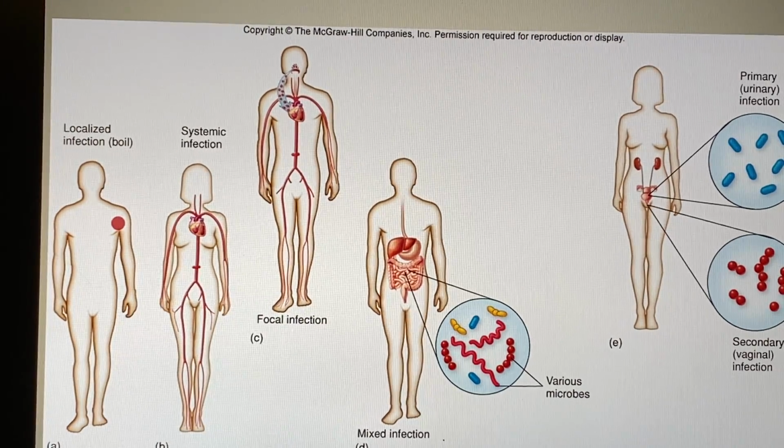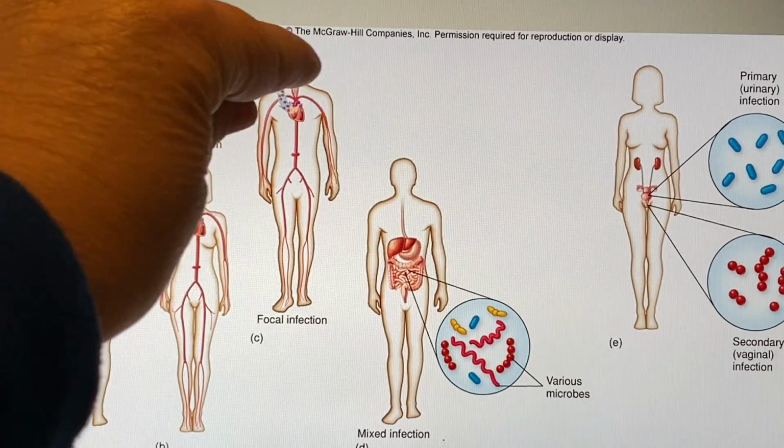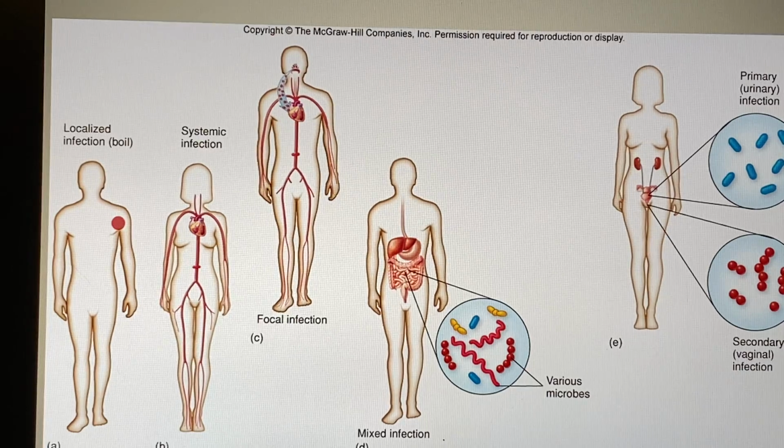A focal infection is where the primary infection starts off as a focal infection, but then either the bacteria or some products of the bacteria travel to another organ, and it tends to be a specifically targeted organ. The best example of this is strep throat.